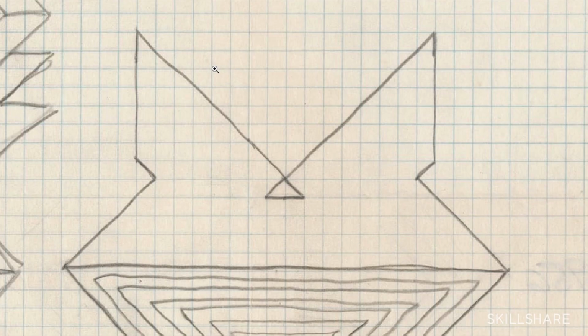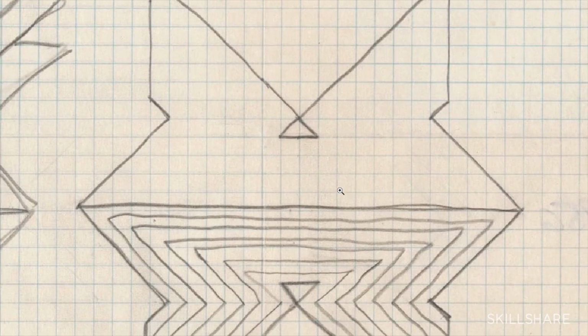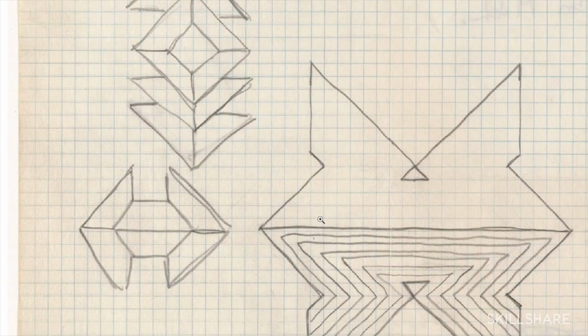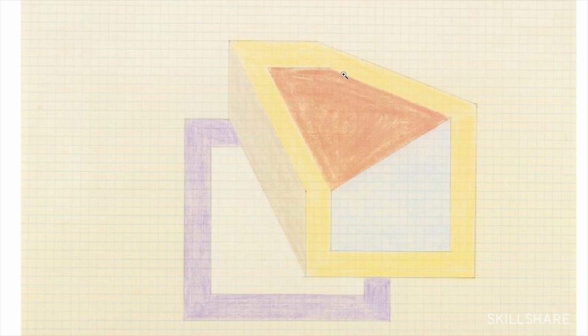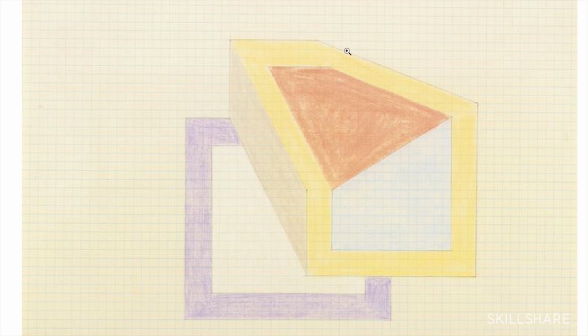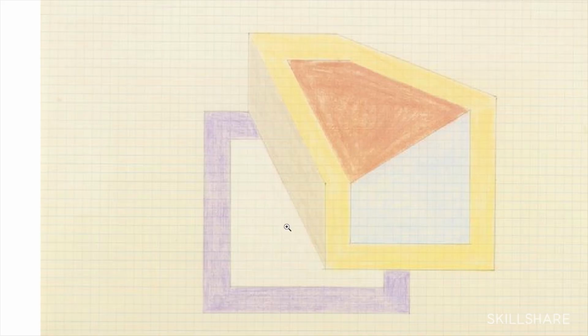For example, here he's using diagonal lines as well as straight lines in order to create some of his designs. Also, you can see here where he made a sort of three-dimensional illusion in his flat composition.